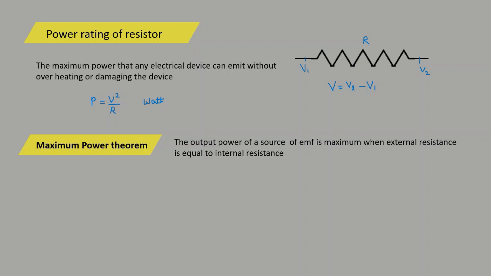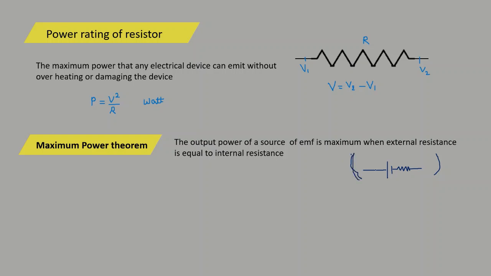The output power of a source, that is an EMF source, is maximum when the external resistance is equal to the internal resistance of the EMF source. You may not be much aware of the EMF source, irrespective that it is a simple battery, but an EMF source is normally drawn in a circuit as a small cell with a small value of resistance connected within.